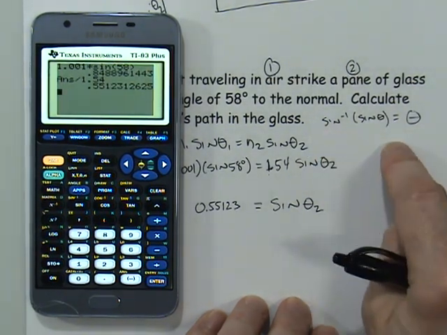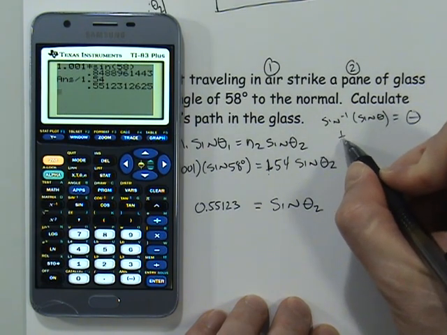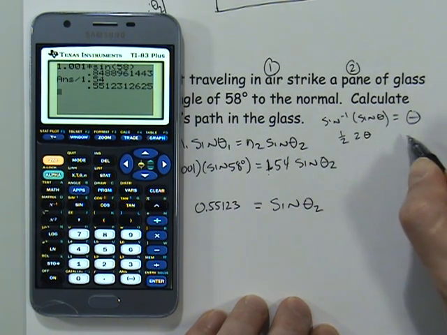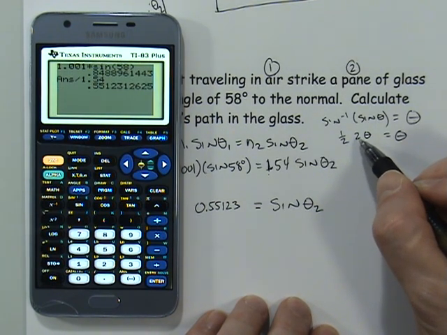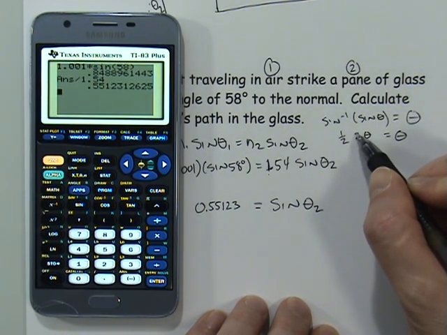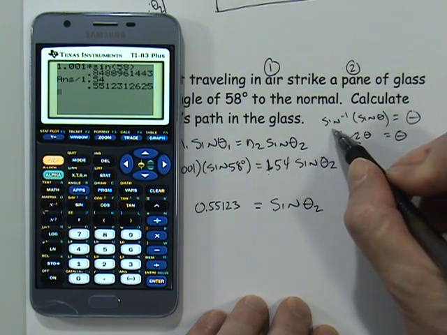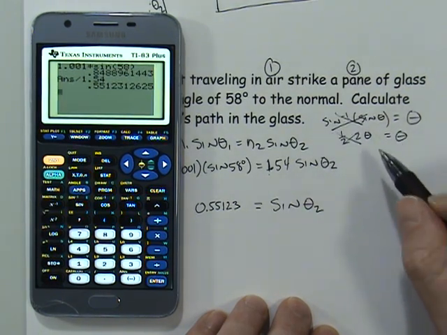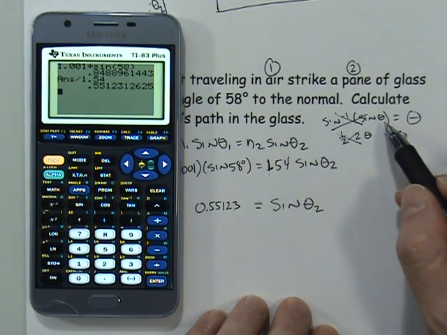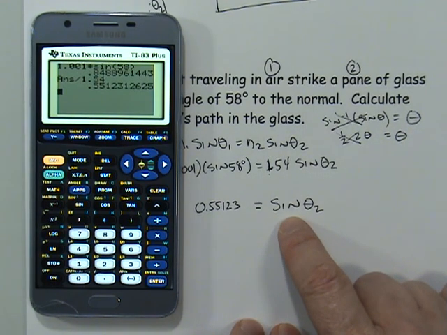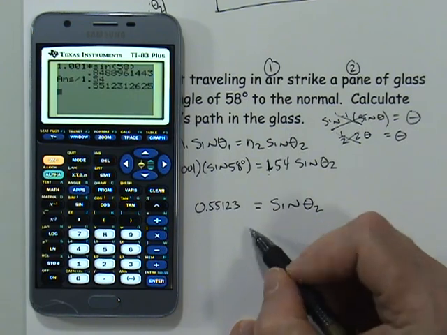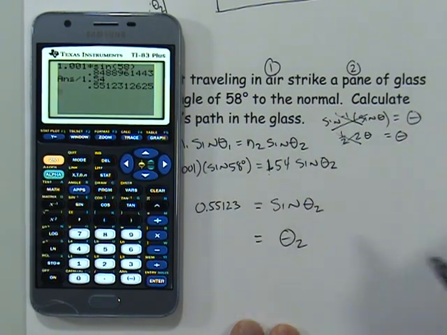These two things undo each other in the same way that 1/2 times 2 theta would also be equal to theta. 1/2 is the inverse of 2. So these mathematical operations cancel each other out in the same way that the inverse sine also undoes the sine of the angle. So on the right side, what I need to do is take the inverse sine of the sine of theta, and that will leave me with just theta, which is what I'm looking for.